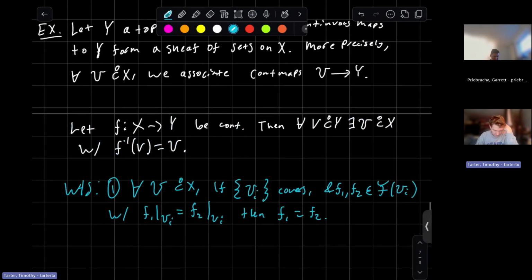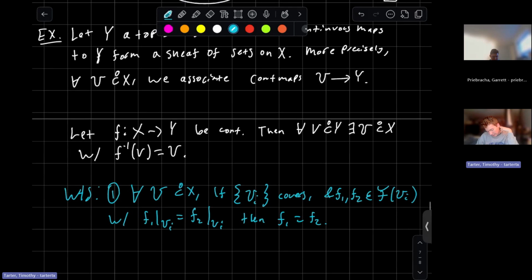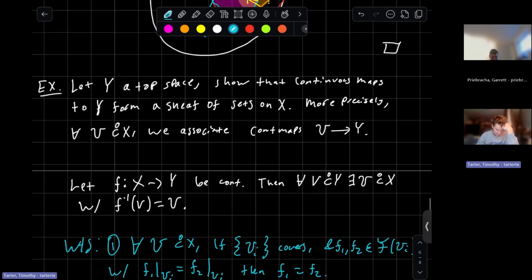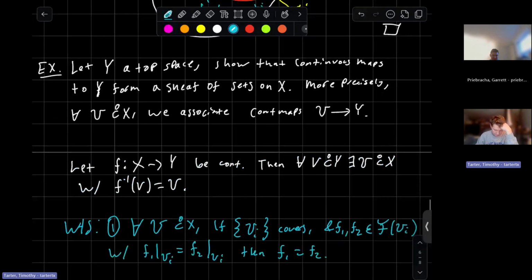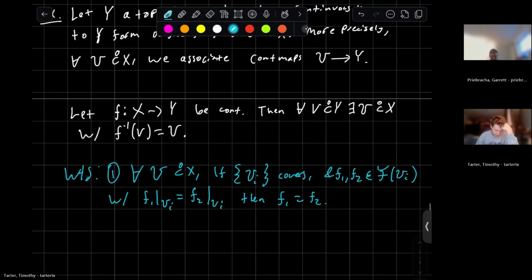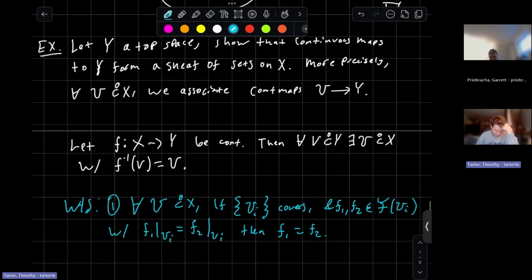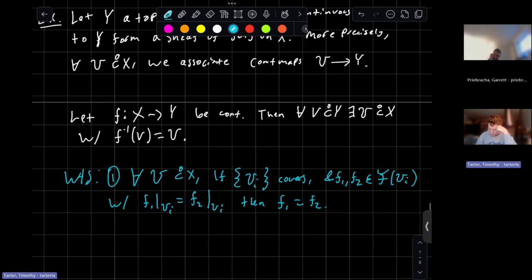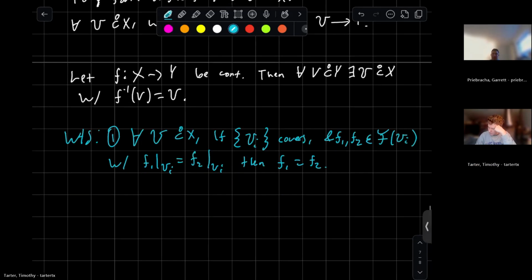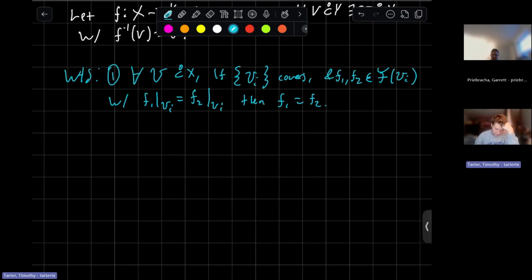So, the sections on these UI are going to be the sections of continuous maps.